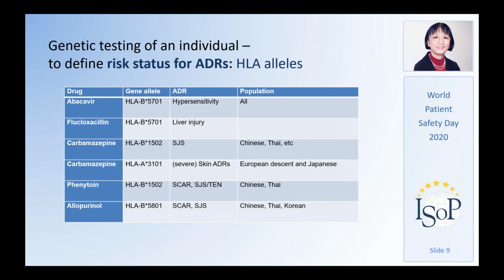So that needs specificity for ethnic origin as well. And for the same adverse reaction for phenytoin, you have the same gene allele as for carbamazepine. But for allopurinol, it's another gene allele. So there are specificities for the gene allele, for the drug, and for the adverse drug reaction.